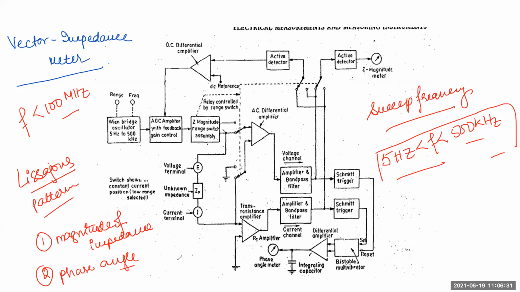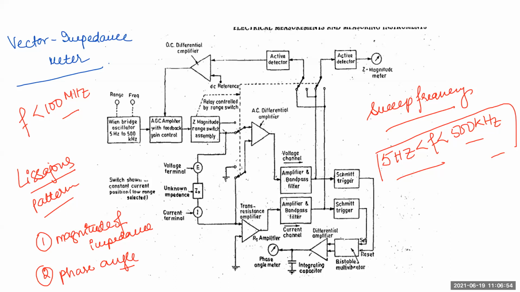Now in this block diagram, what you can see, first of all, this is a combination of many things. Here we have used a Wien bridge oscillator, a differential amplifier, then the phase angle meter, Schmitt trigger, everything.